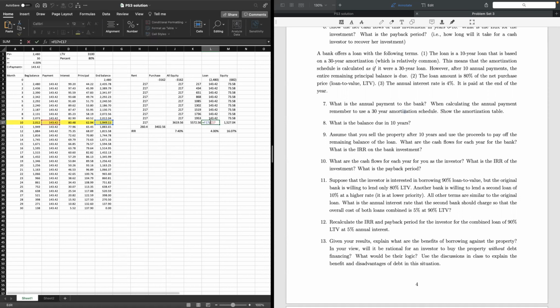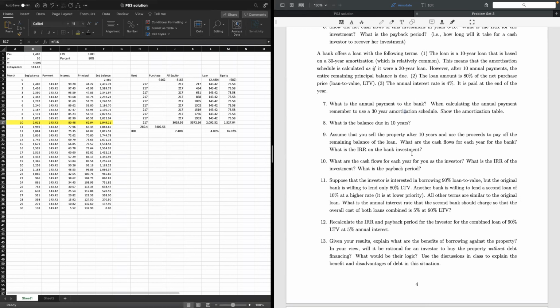At the end of year 10, the money you need to pay the bank is the ending balance, which is the remaining principal that you still owe, plus the payment, which covers the interest for this year as well as the depreciation on the principal. So what I want to say is this 2 million is not right, at the beginning of the period.